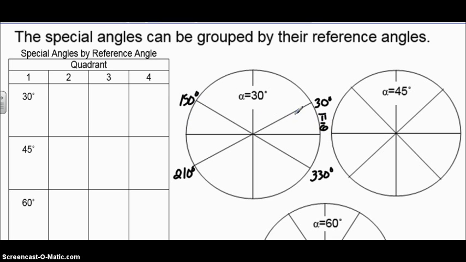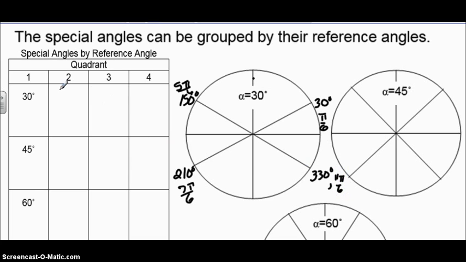So if we count, there's 1 pi over 6, 2 pi over 6 was 60 degrees, 3 pi, 4 pi, this is going to be 5 pi over 6. 6 pi over 6, so 210 is 7 pi over 6. And then there's a not shown 8 pi, 9 pi, 10 pi, and finally 11 pi over 6.